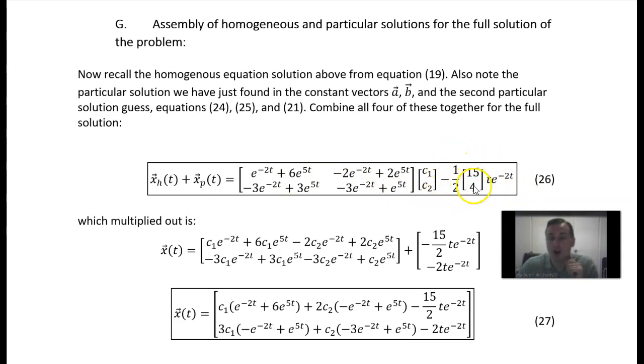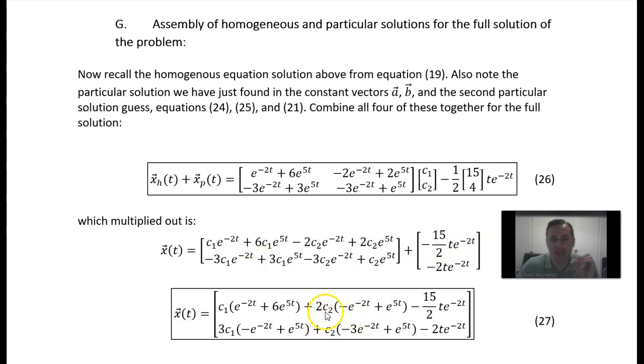Negative 1/2 times this column vector, 15, 4, and this function t e to the minus 2t. You can multiply these out, and what you get is this matrix, that is this column vector, because it's a 2 by 2 matrix times a 2 by 1 column vector. And then if you multiply negative 1/2 into this column vector as well as these functions, we get what we see right here.